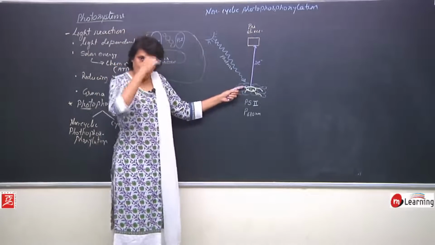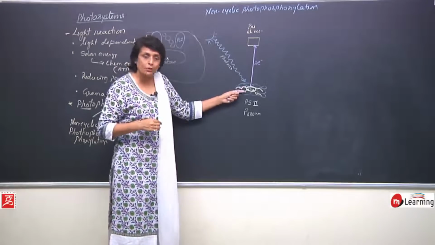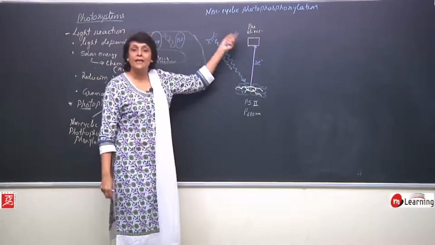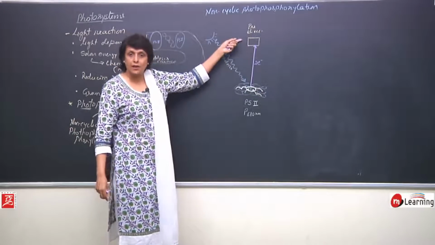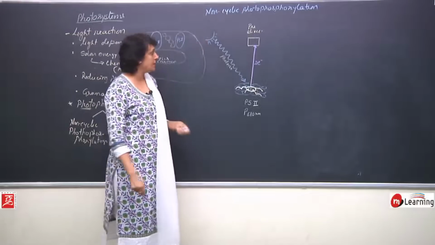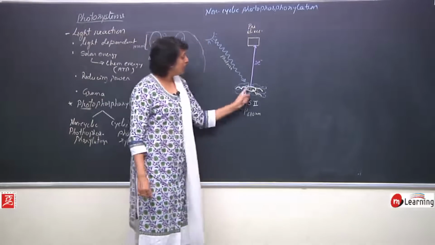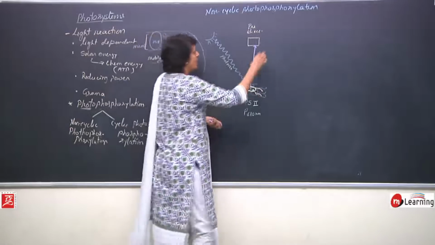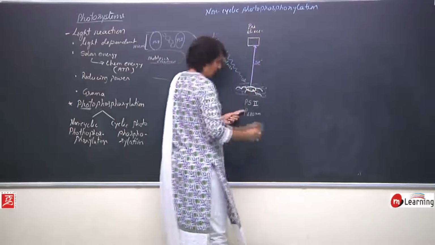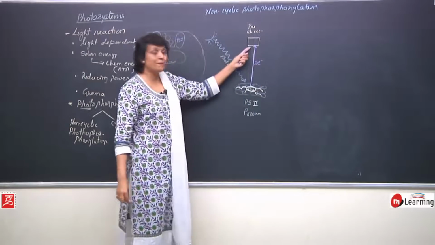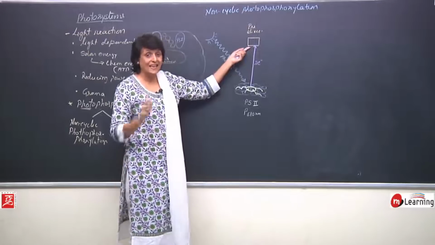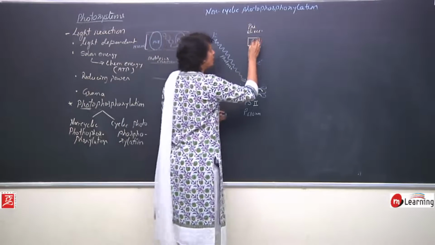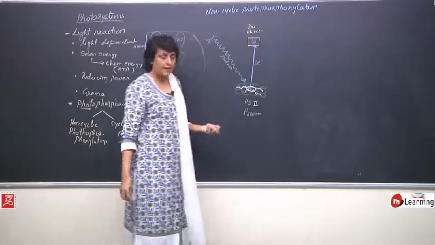In that case, it would come back from the excited level to the ground level, but here when it gets excited, it is accepted by a protein or an electron acceptor, the primary electron acceptor. Now, the electron has gone to the primary electron acceptor. This is PS2, so this primary electron acceptor is going to be either a colorless chlorophyll A molecule or the quinone, so let us write Q here.